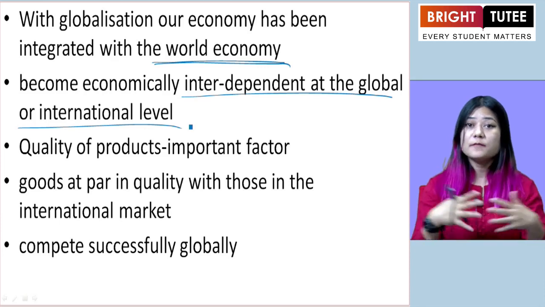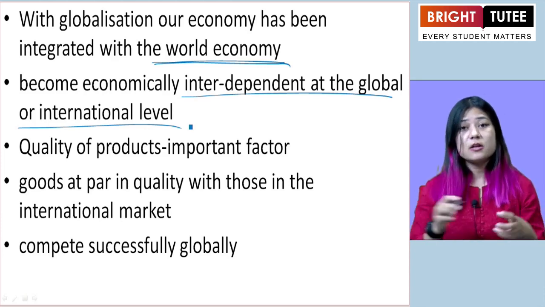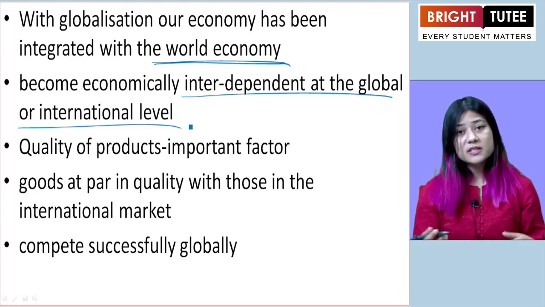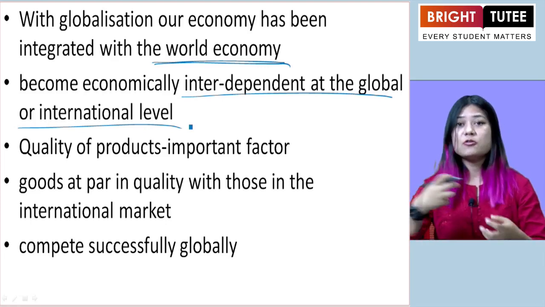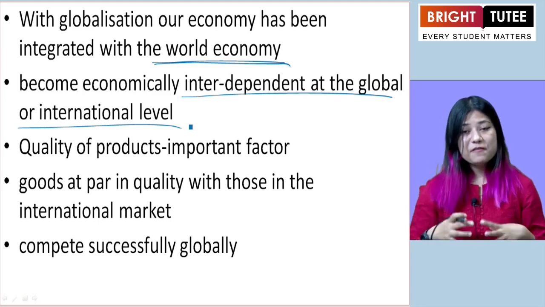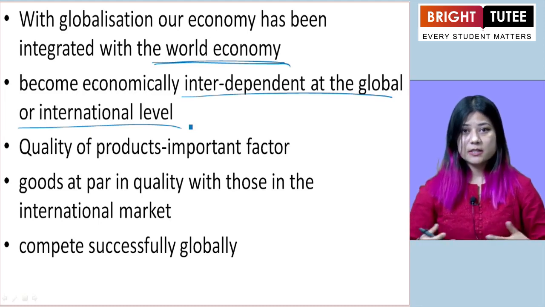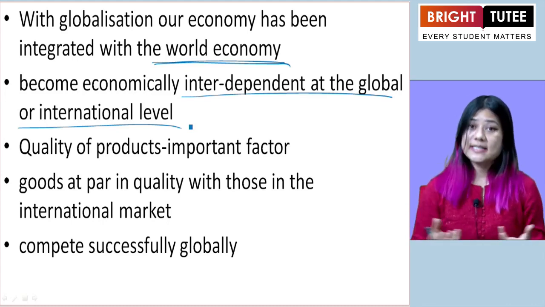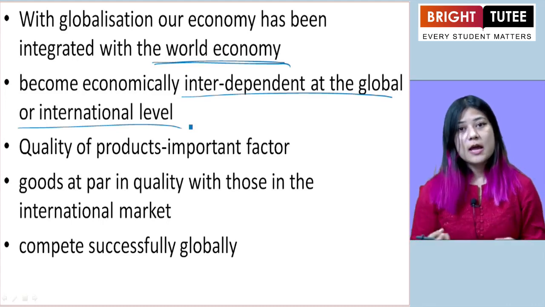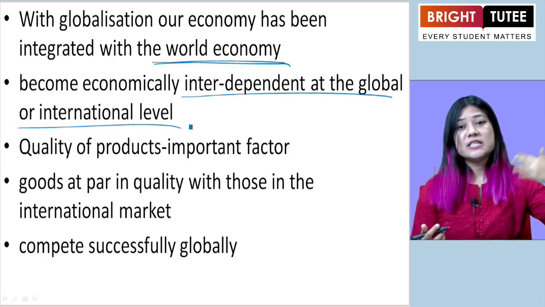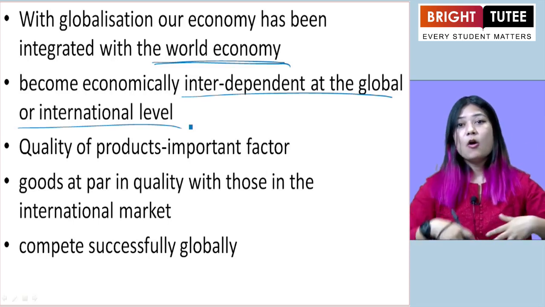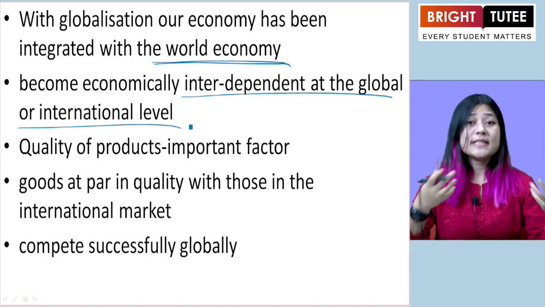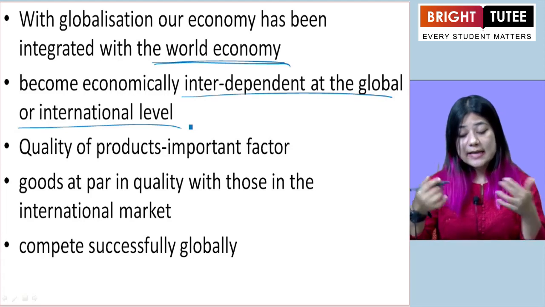As a result of such communication, such transactions between countries around the globe, what happens? Countries become dependent on each other. Say for example, India produces very good quality cotton textiles, cotton clothes, in large quantity. Now, countries like the United States of America, or say the United Kingdom, do not produce cotton textiles in large quantities like India.